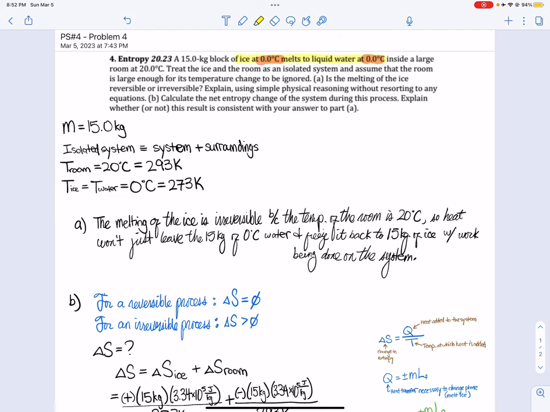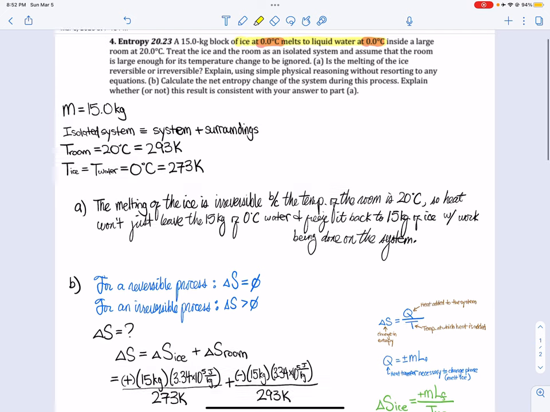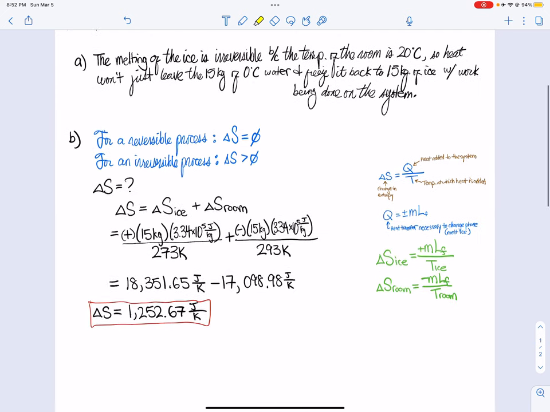But I'm also asked to explain whether or not this result is consistent with my answer to part A. So in part A, I said that the melting of the ice is an irreversible process, right? And I got that the change in entropy is positive 1,252.67 joules per Kelvin.